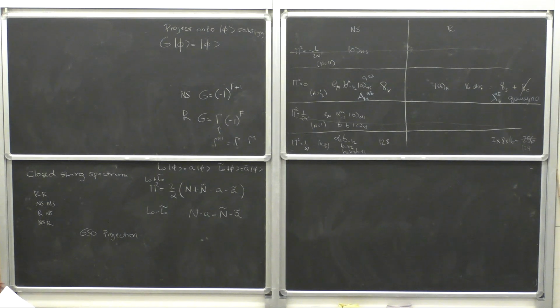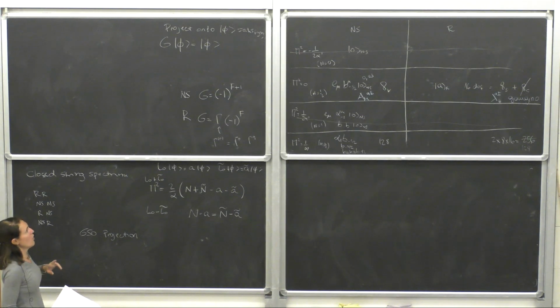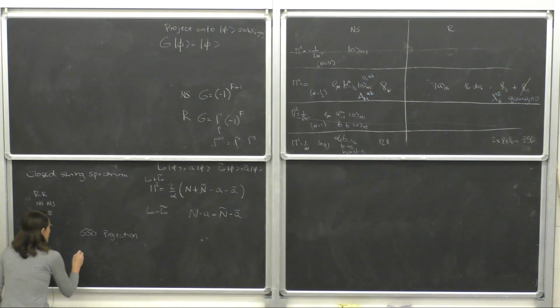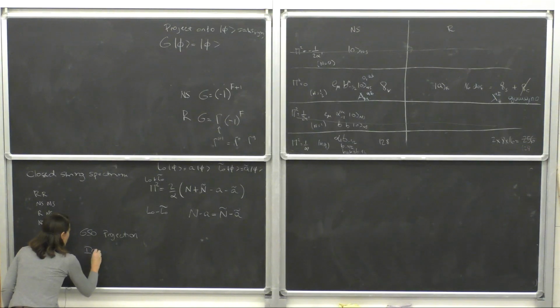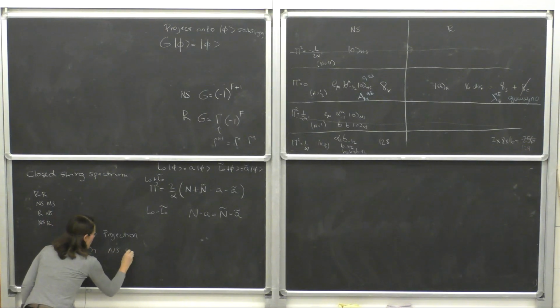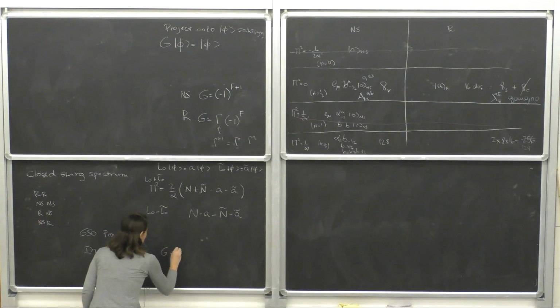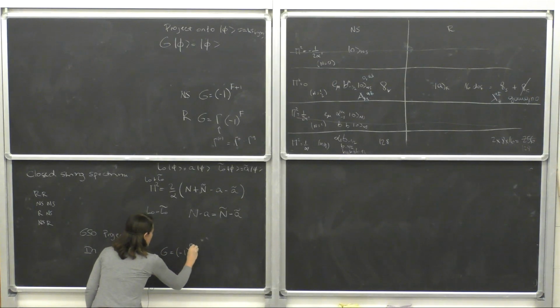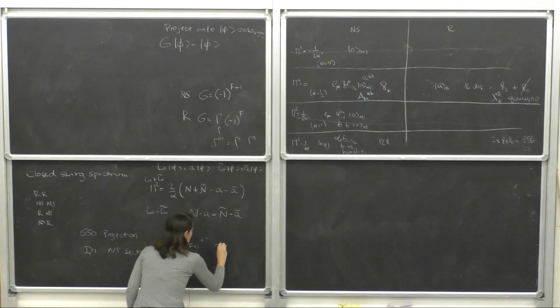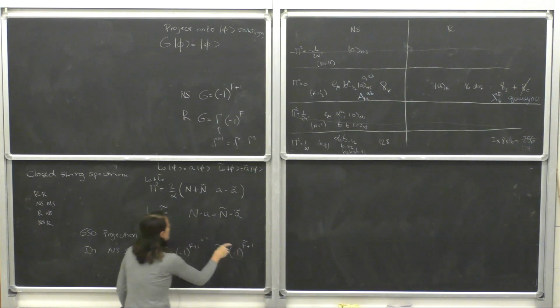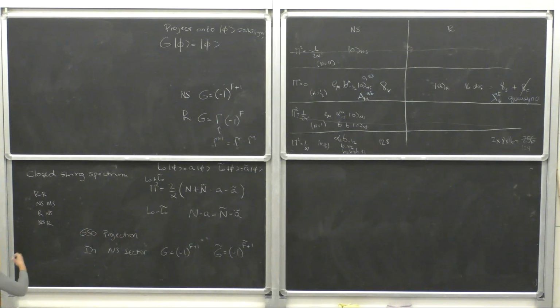And that gives rise to two consistent and a priori different string theories. So the GSO projection in the NS sector is G equals (-1)^f plus 1, and G tilde equals (-1)^f tilde plus 1, where f tilde is constructed exactly like f, but with the tilde oscillators.